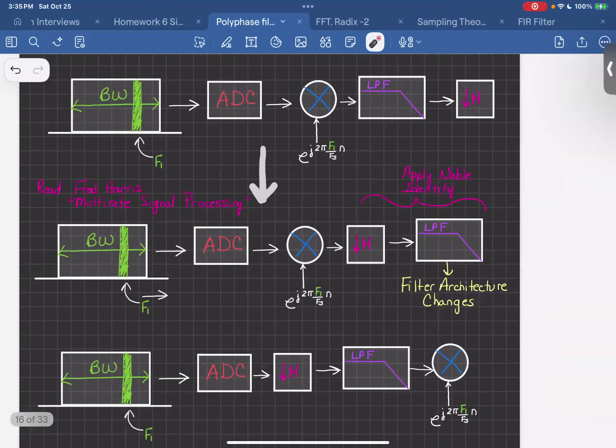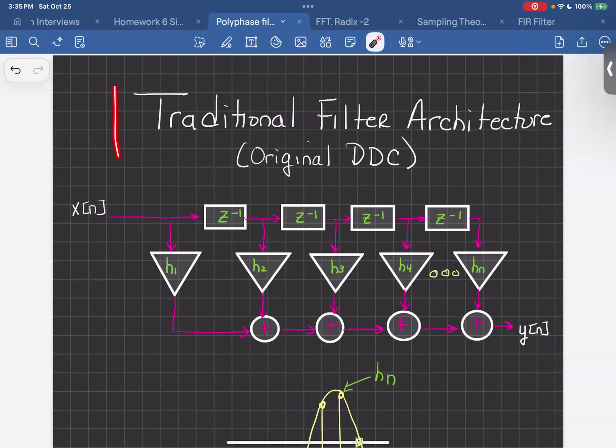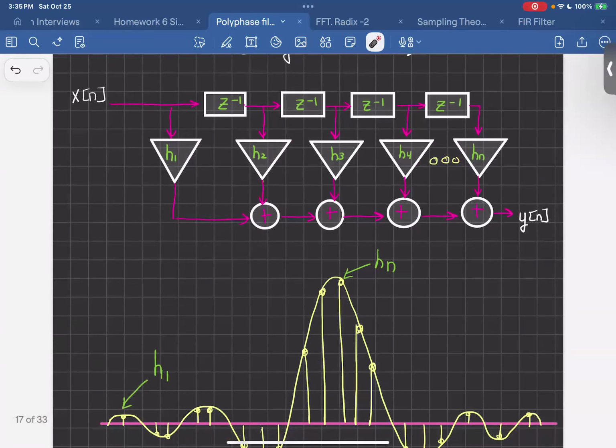Okay? And now it's important to understand what is the architecture of a traditional filter. This is it. It's made of chained delays, right? Chained delays multiplied by the filter coefficients, right?